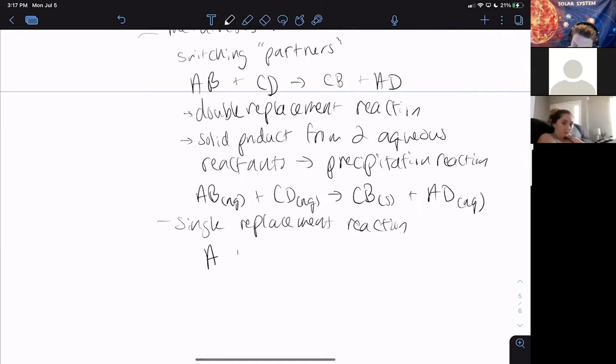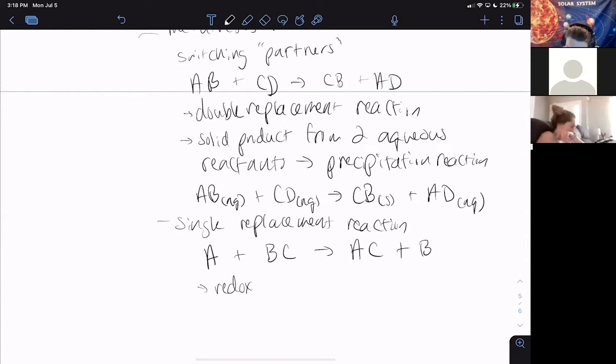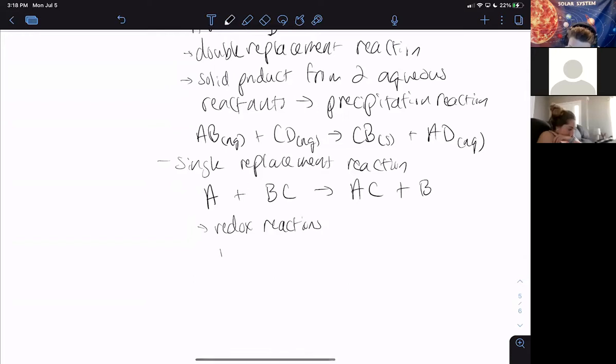We have A plus BC goes to AC plus B, something like that. One type of single replacement reaction, and not all of these are single replacement reactions, but often we see redox reactions within here where we have a metal plus a metal salt, and they are going to do a single replacement.